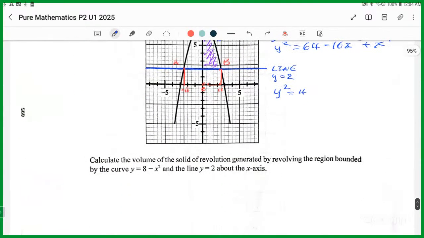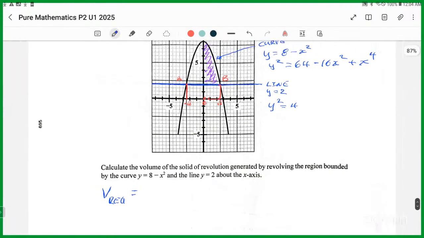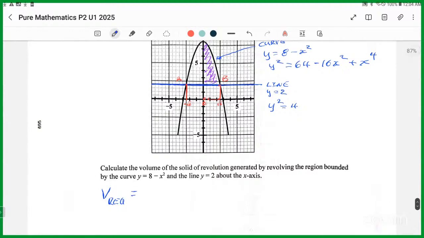So the volume required becomes 2 times the volume by the curve minus the volume by the line.